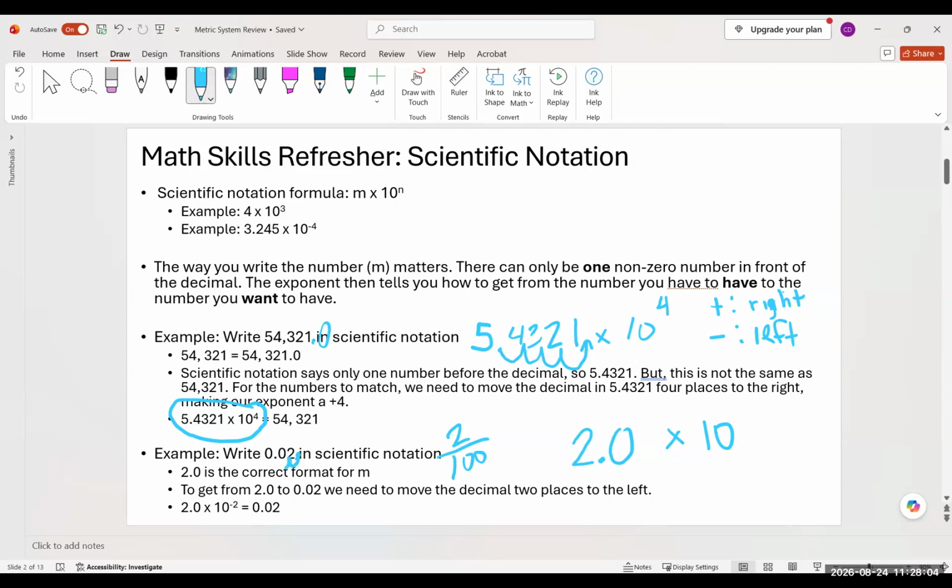I'm going to have to go 1, 2 places to the left. Because it moved 2 places, I write that as my exponent. But because it moved to the left, I have to make that exponent a negative. So the positive or negative is looking at which direction we had to move, and the number is telling us how many spaces we moved in that direction. So you would write it as 2 times 10 to the negative 2.